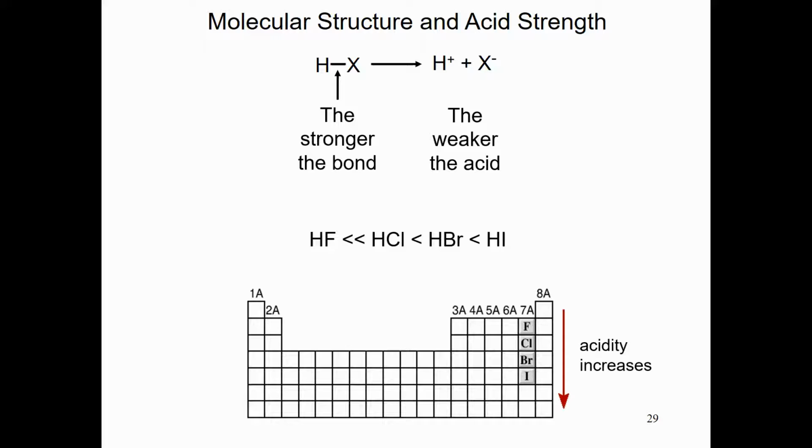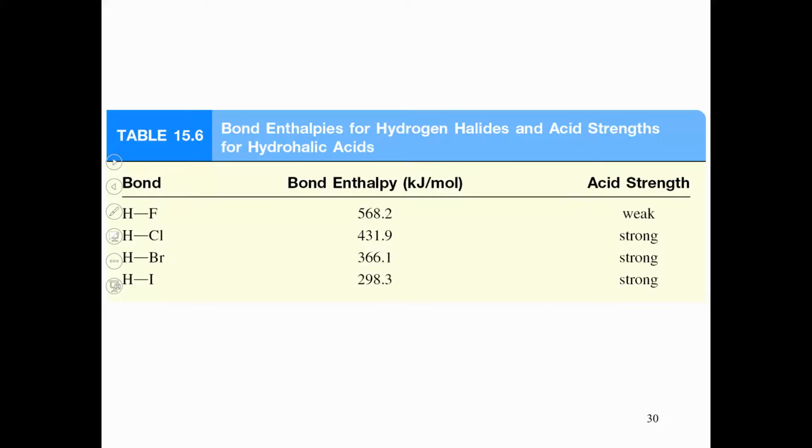But it's still an electronegative element, so it's pulling electrons away, but that hydrogen has a hard time holding on to that molecule, so it falls off more easily. And so that's why HI is a stronger acid than HF.